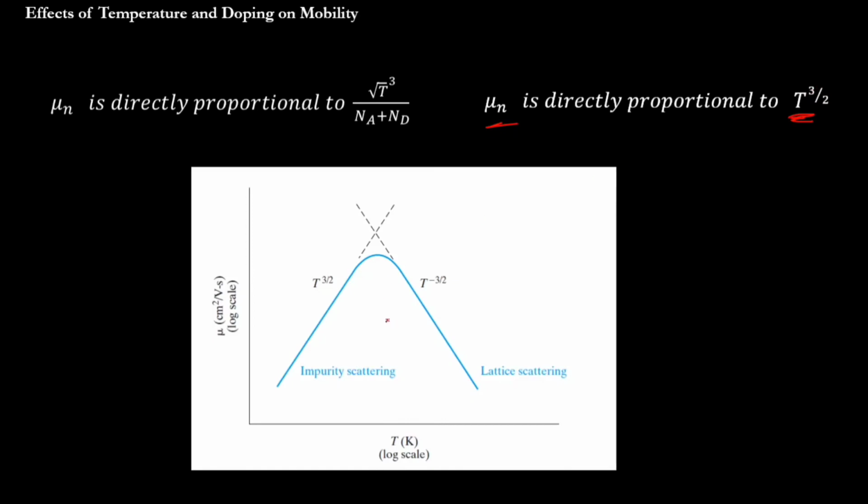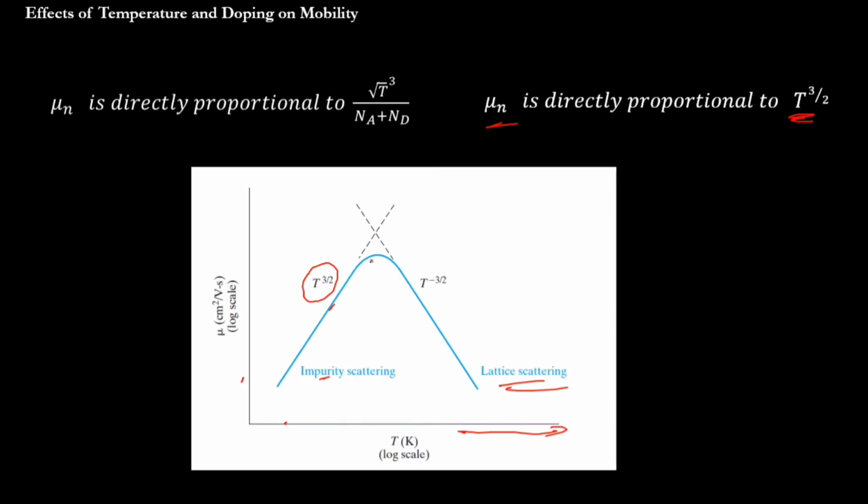If I draw a graph, at high temperature you can see lattice scattering, as the temperature increases in this direction, and the mobility slowly increases. Mobility increases if temperature increases, and this is the temperature dependency for impurity scattering. You can see here, temperature slowly increases, the mobility also increases, but it does not go beyond some value.